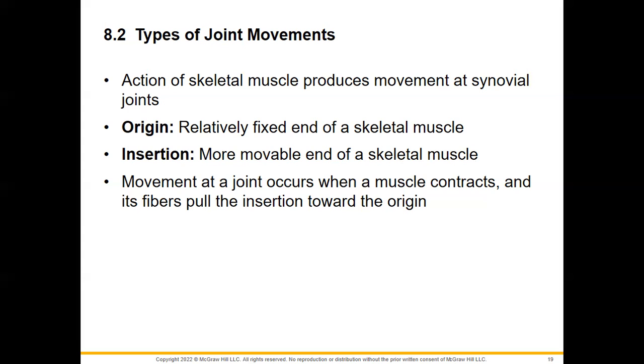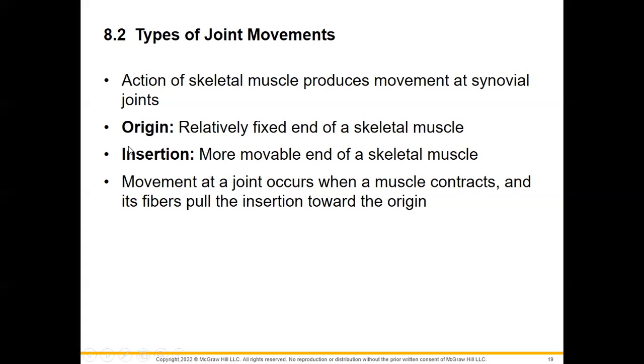Now, I'm not expecting you all to know the origins and insertions of each muscle, but do understand that depending on the field that you're going in and the area of the field that you're going in, you may actually have to go back and learn the origins and insertions of each muscle. It may also help to learn them so that you can know the joint and the movement of each of those muscles.